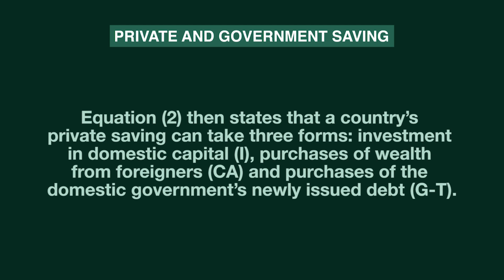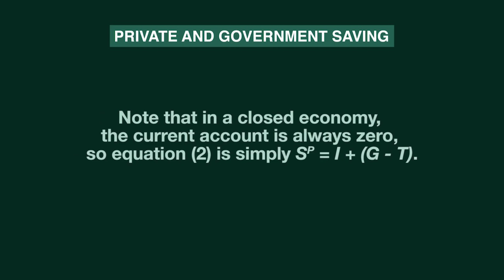And third, purchase of the domestic government's debt, represented by G minus T. Note that in the case of a closed economy, the current account was 0. So this component was 0 and we had private saving equal to investment plus the budget deficit. In a closed economy, this is different from that of an open economy.